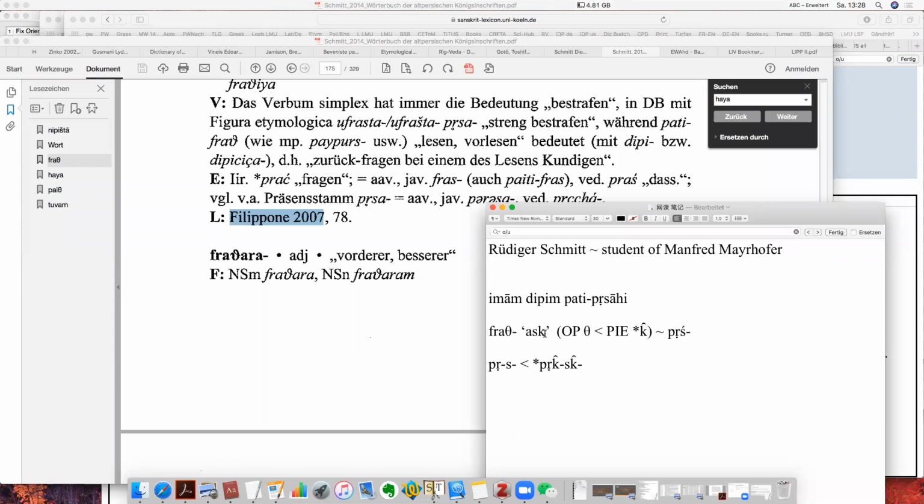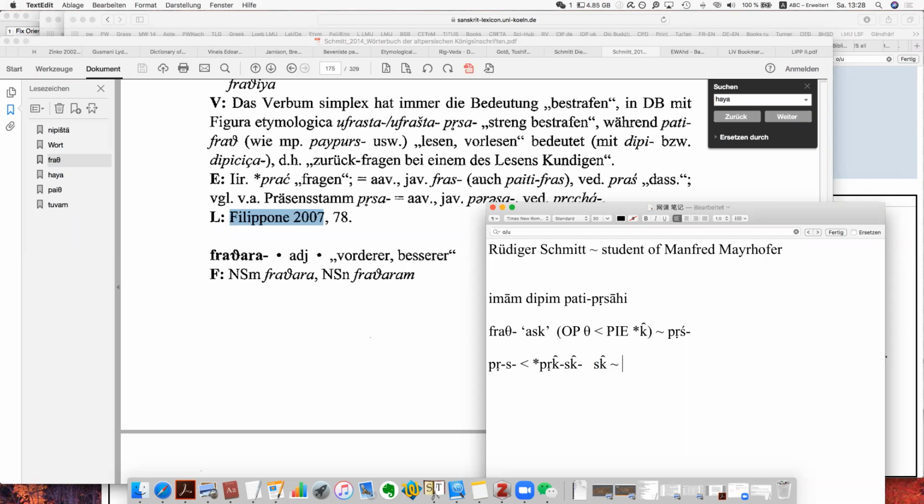And then why should this ask develop a meaning like to punish or to ask to account? Because actually we have a suffix, right? This esk suffix has actually two specific meanings.